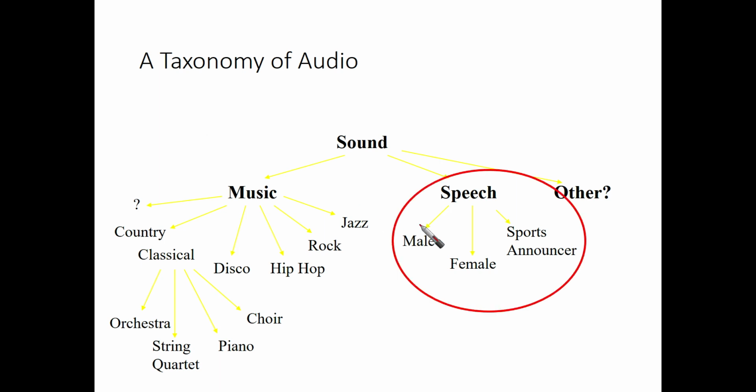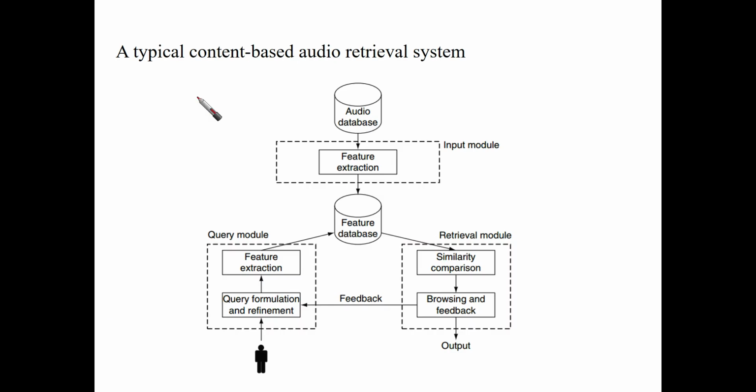Okay, so what is the general mechanism, or simply the functional block diagram, for an audio retrieval system? Again, it's similar to content-based image retrieval. For example, we have the audio database, and we do the feature extraction based on that. So we have the feature database, and we have some sample audio that we'd like to search.